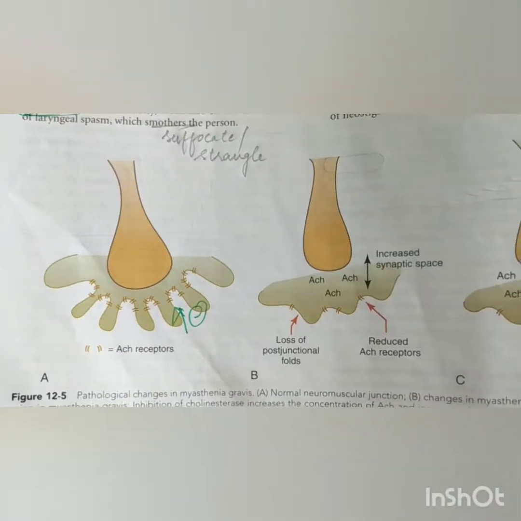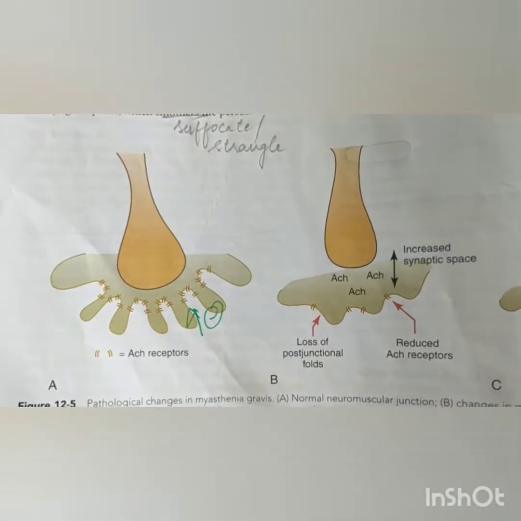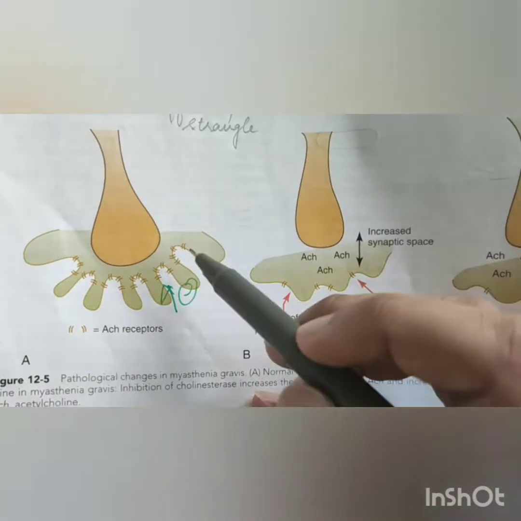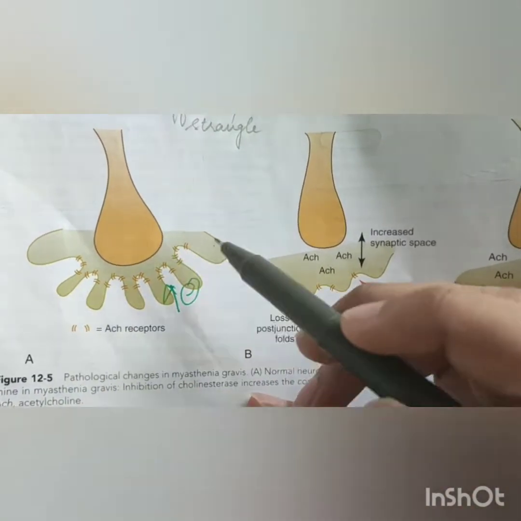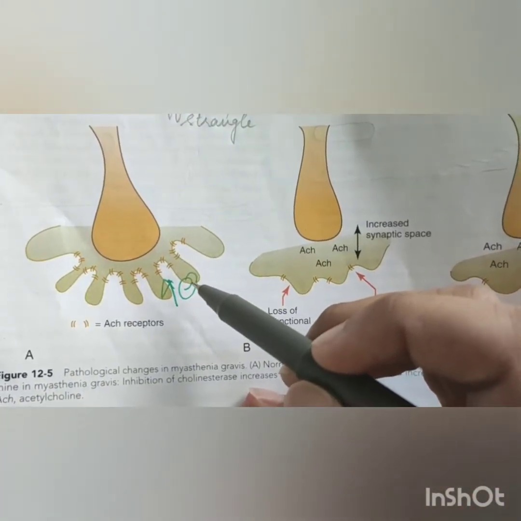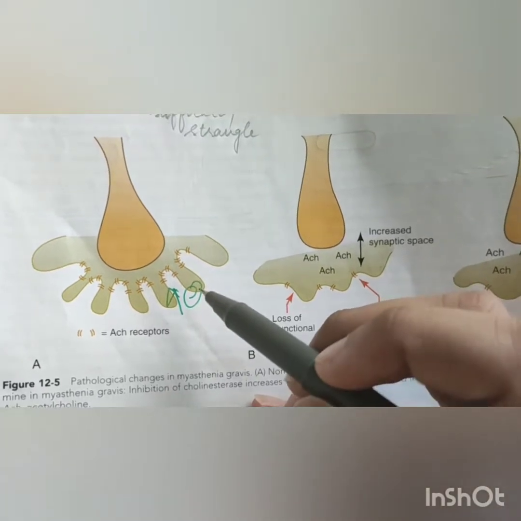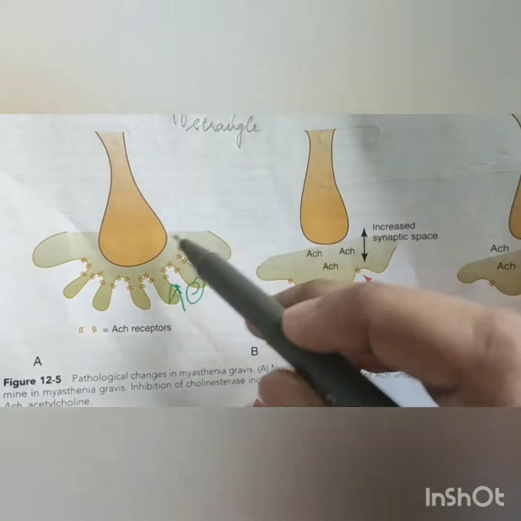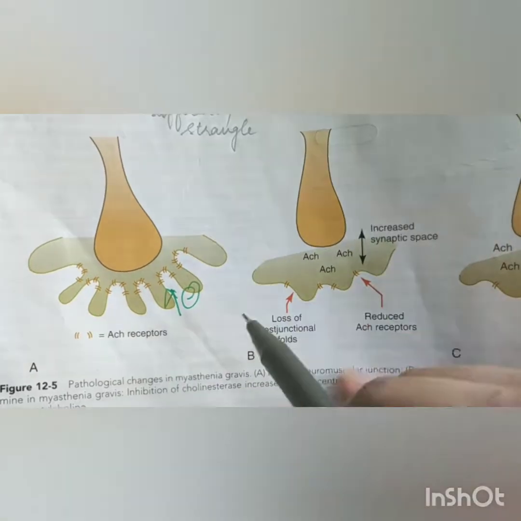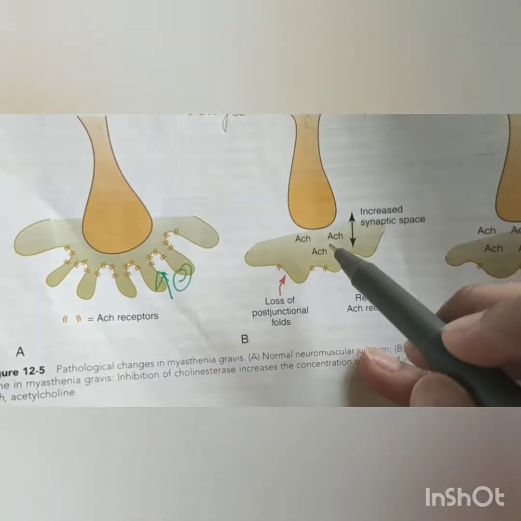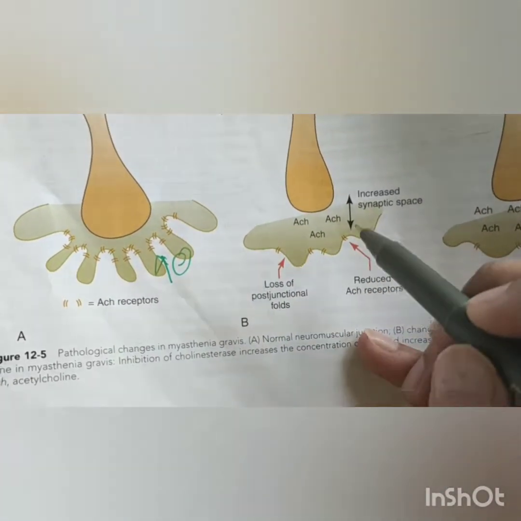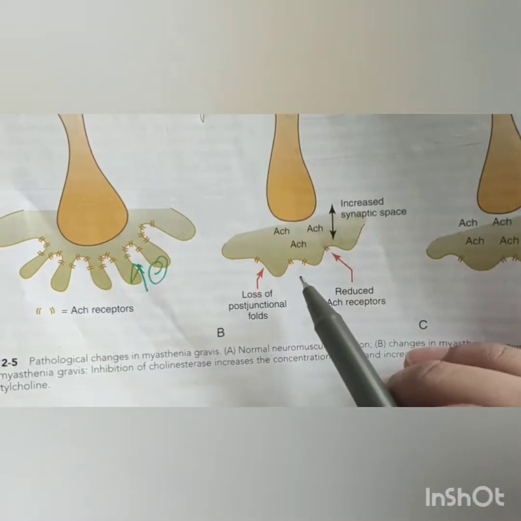There is one more disease, myasthenia gravis, which is an autoimmune disease. These are the acetylcholine receptors on the subneural clefts. Our own antibodies attack these acetylcholine receptors, so there are fewer functioning receptors. What do we do to resolve this problem?